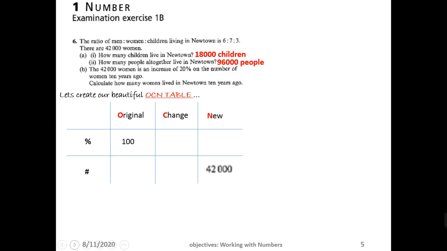Now, the 20 represents the change. And since it's an increase, as they mentioned in the question, 42,000 women is an increase of 20%. So we must add the 100 and the 20, and the answer will be 120.